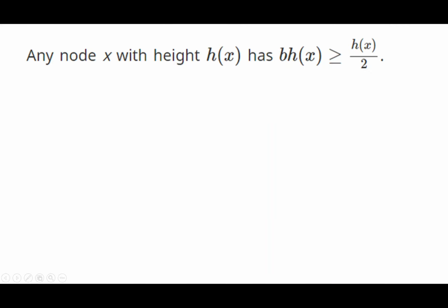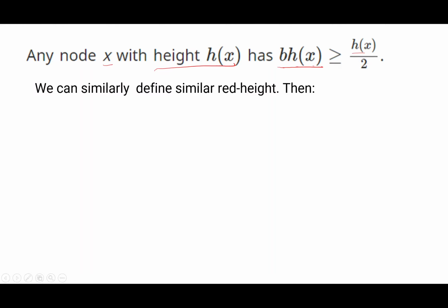We have a property. Any node x with height Hx has black height larger than Hx divided by 2. We can simply define height equal to black height plus red height.